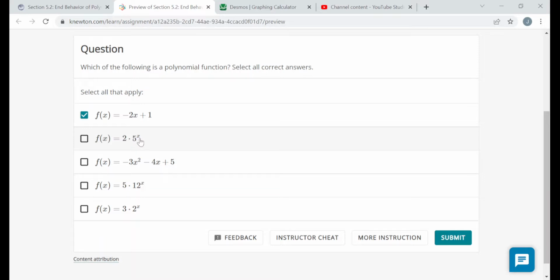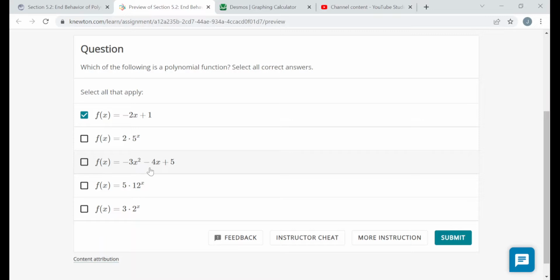That's not happening in a polynomial function. If this is the case, they would call this an exponential function, where there's a numerical base and a variable in the power, in the exponent. But we'll talk a lot more about exponential functions in chapter 6 sections. So that's not a polynomial.